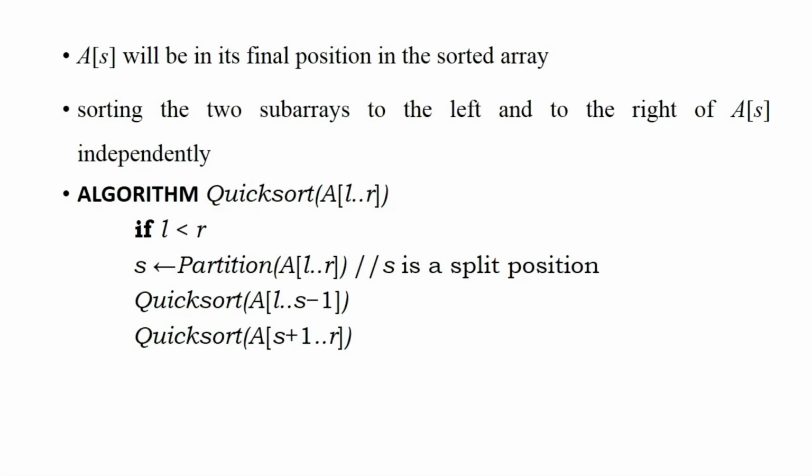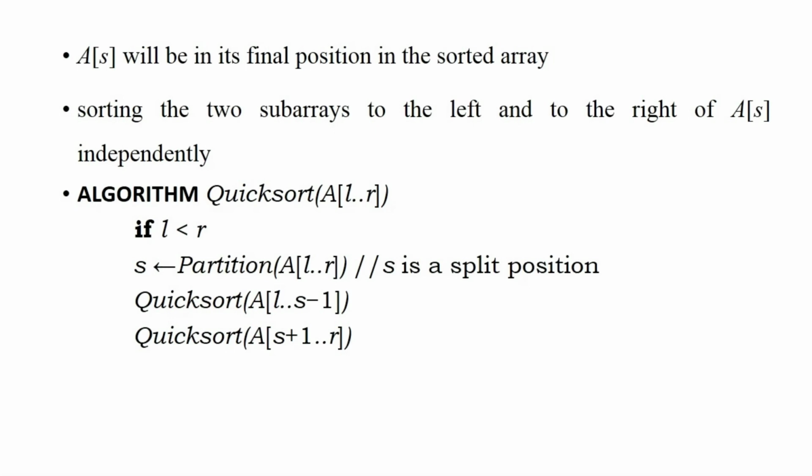Once again, that element will not change its position. So we then sort the two subarrays, the one to the left of the partition and the one to the right of the partition, that is, the subarrays to the left and right of A of S.